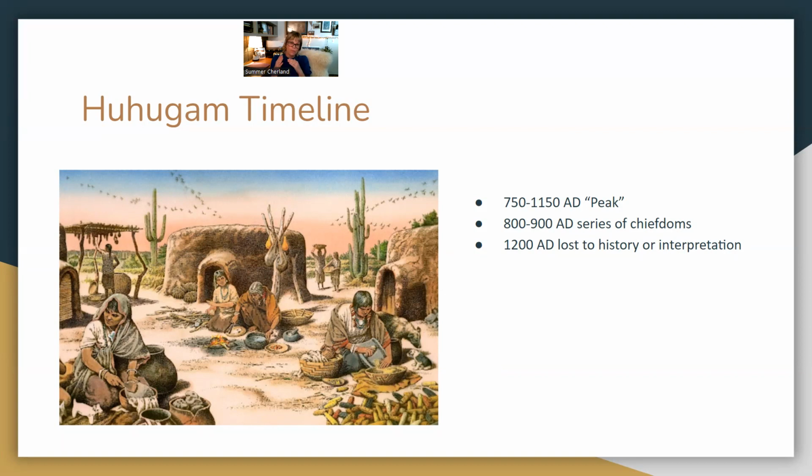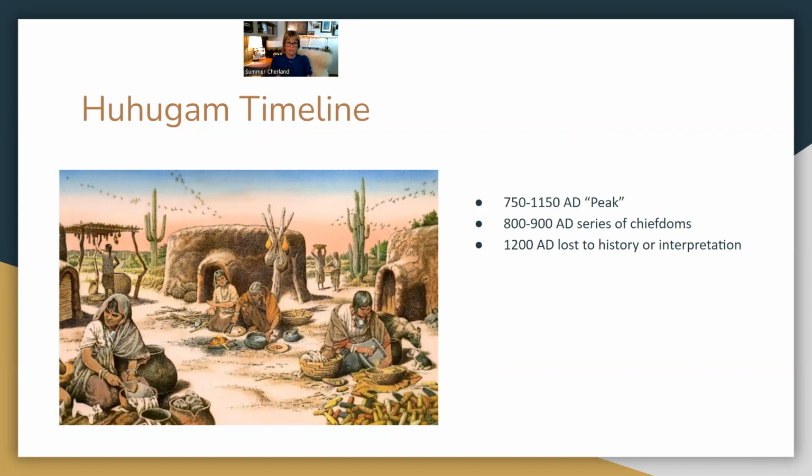And then right around the year 1200, the Hohokam are kind of lost to history or interpretation. You'll see different years for this, but I'm using Sheridan's timeline. So we don't have a ton of evidence about what happens after about the year 1200.